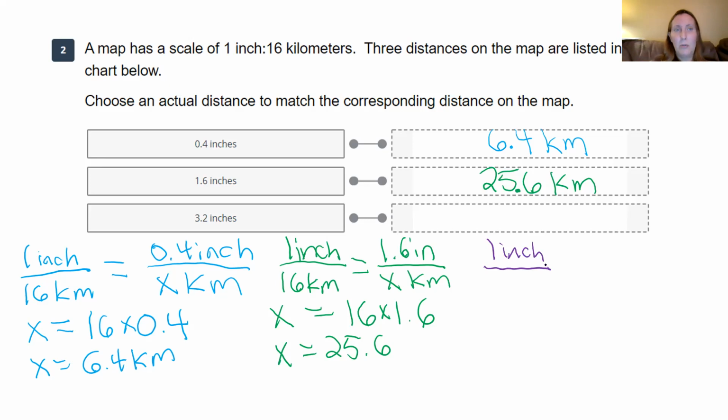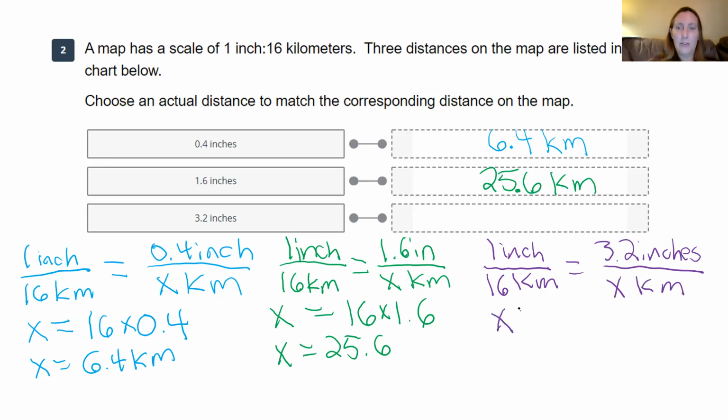Okay, so 1 inch is equal to 16 kilometers, right? So 3.2 inches equals how many kilometers? Again, cross products. So 1 times x is, well, 1x.